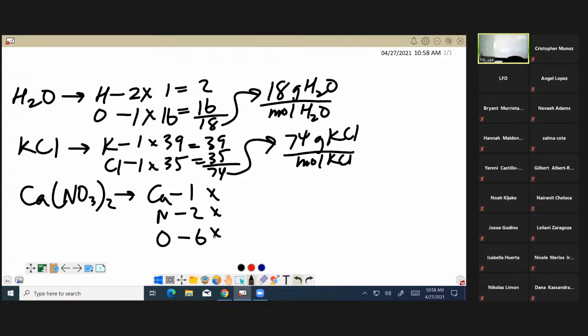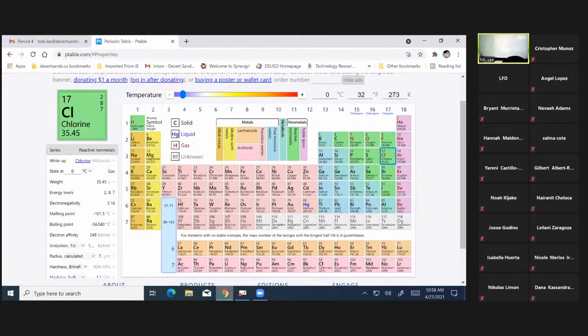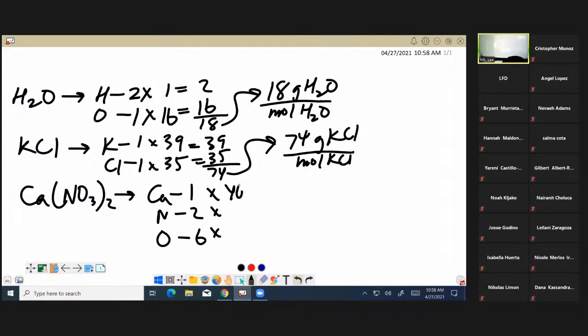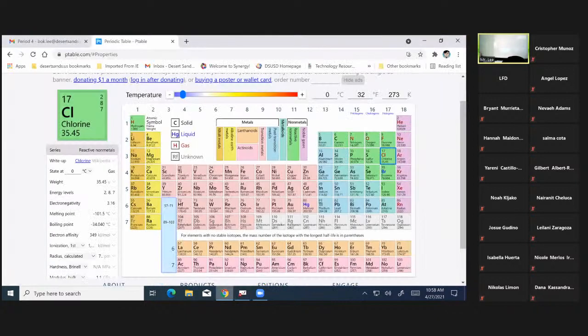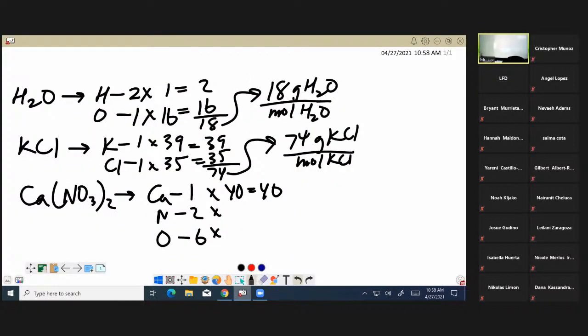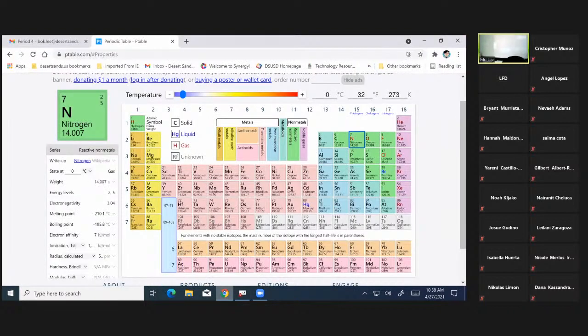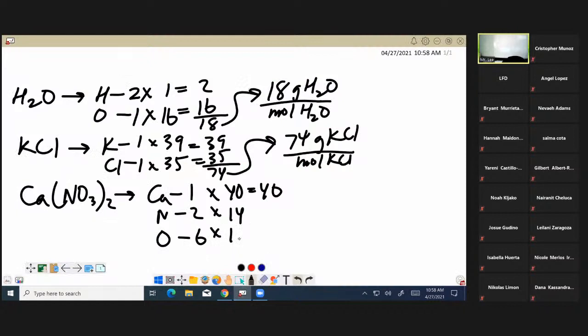So now you've got to look those up. Calcium is 40, times 1 gives you 40. Nitrogen is over here, that's 14, times 2 gives you 28. And then oxygen, I know it's 16, but I just want to show you anyway. There's 16, and 6 times 16 gives you 96.